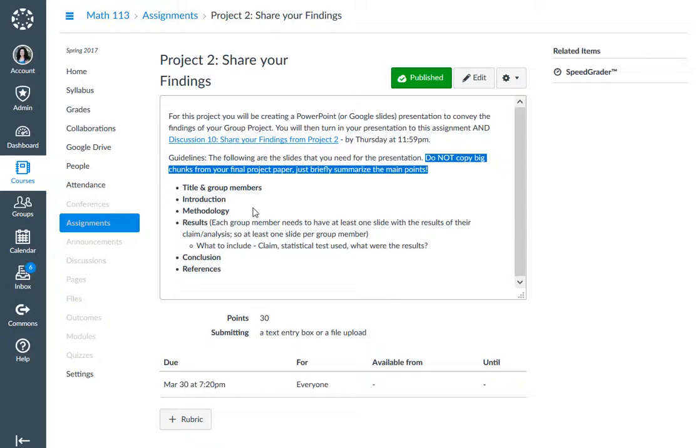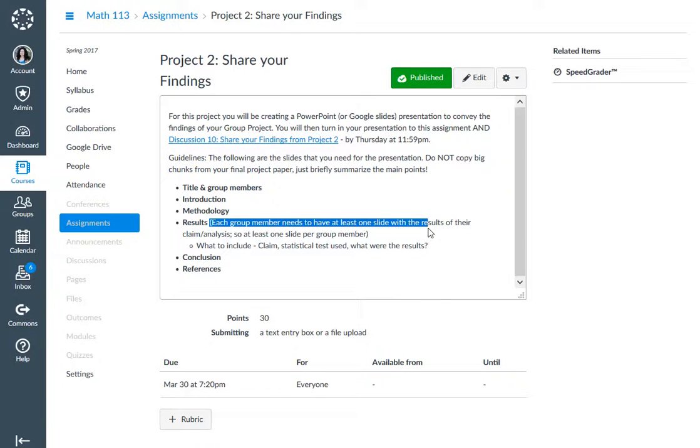You just want to convey the information. The big thing here is that each group member needs to have at least one slide with the results of their claim analysis. Remember, each group member had to do their 2 claims, so you need to talk about your 2 claims here. You'll have at least 1 slide per group member, if not 2, where you talk about the results of your different questions.